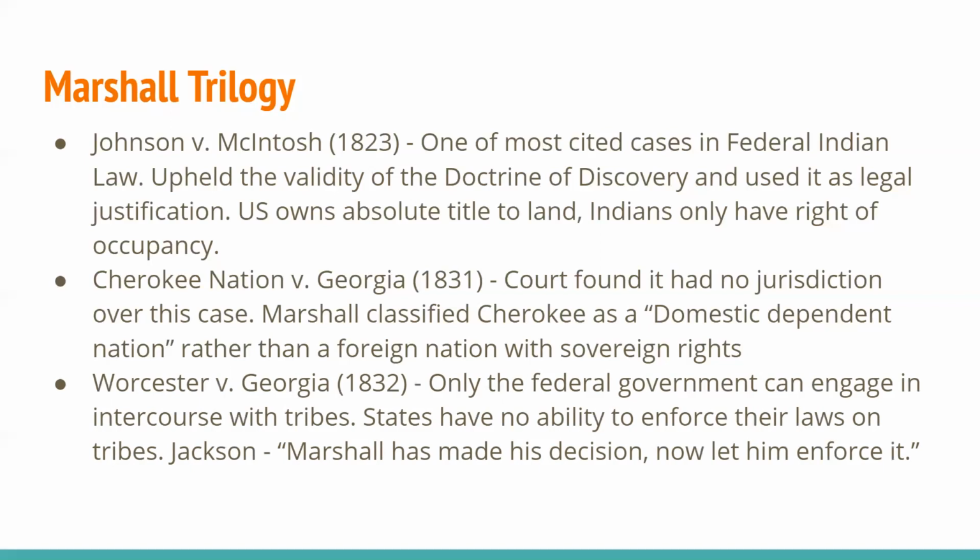They complained that they were being unlawfully held by Georgia for not following state laws on the Cherokee land. And the decision was that Georgia cannot impose its laws over Cherokee Nation, which was the decision that the Cherokee Nation was looking for in the first case that it brought against Georgia, was that it could not enforce its laws over Cherokee Nation, over the tribe, over their land.